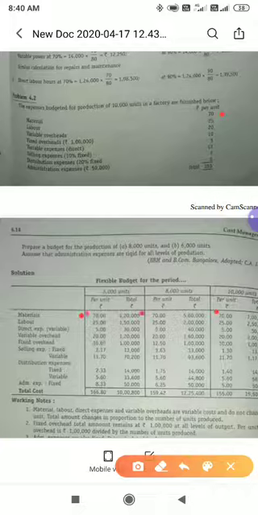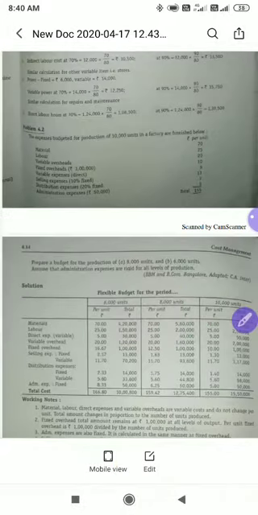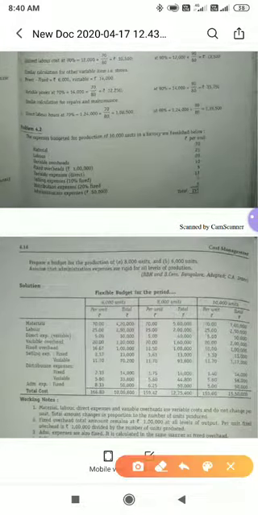So you have to multiply with these units, 70 into 6,000, 70 into 8,000, 70 into 10,000. If you multiply, you will get 4,20,000, 5,60,000 and 7 lakh. Okay. Next, so material cost you have to write. When they ask us to prepare flexible budget, you don't have to prepare cost sheet. Sometimes you can use cost sheet, or you can directly prepare flexible budget.